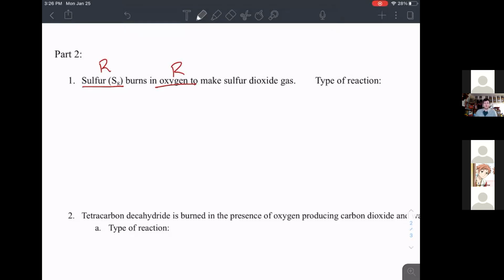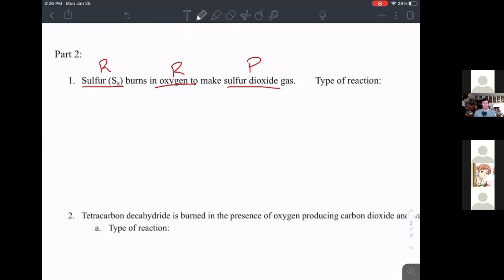Sulfur dioxide is a product. Perfect. So when I'm looking at this, the first thing I want to look for, just to make my life easier, is where that arrow is. You guys did an awesome job. Those are the 2 reactants making the 1 product.